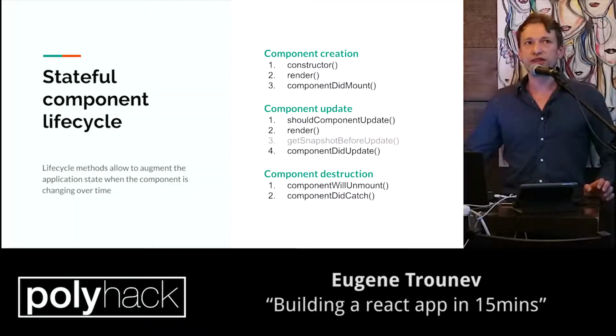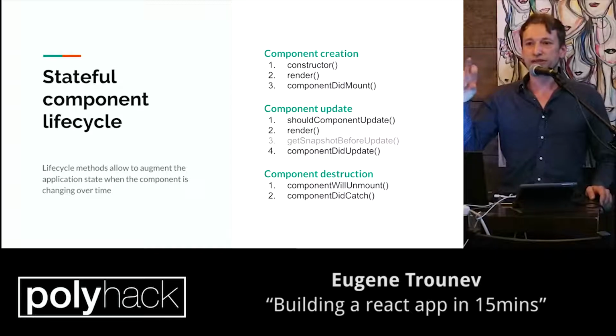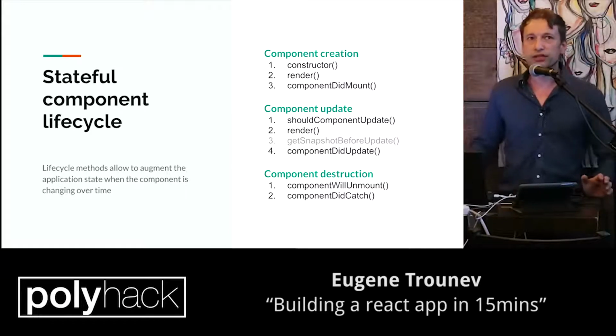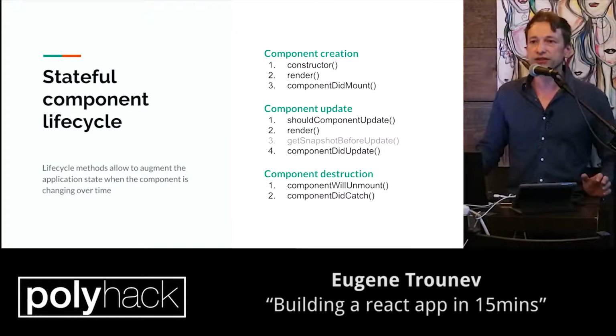The first is the component creation. This is when your component actually gets processed by React. It reads your notation and creates a JavaScript object out of it. At that point, it will utilize the class constructor. That's a property of ES6.